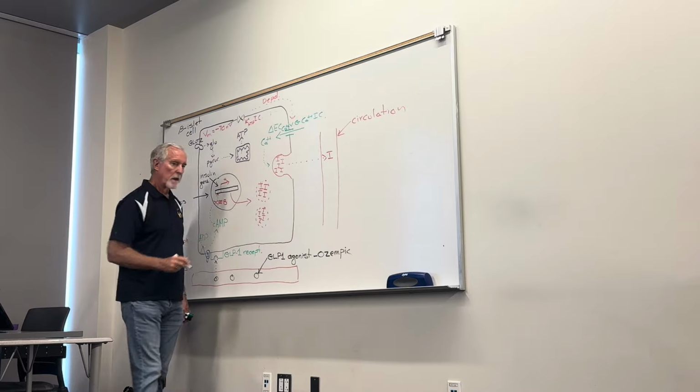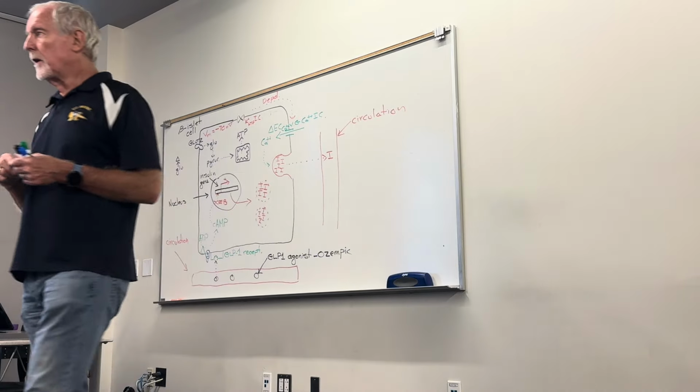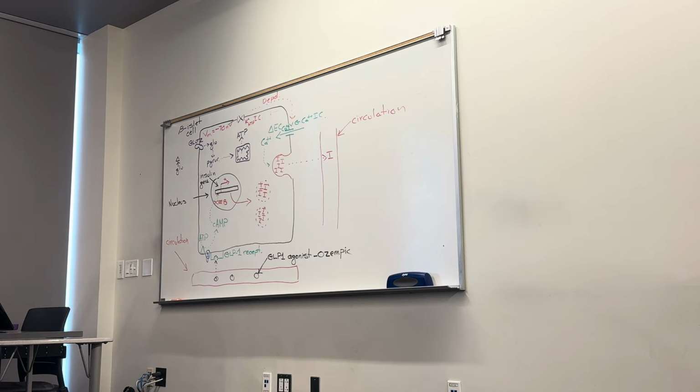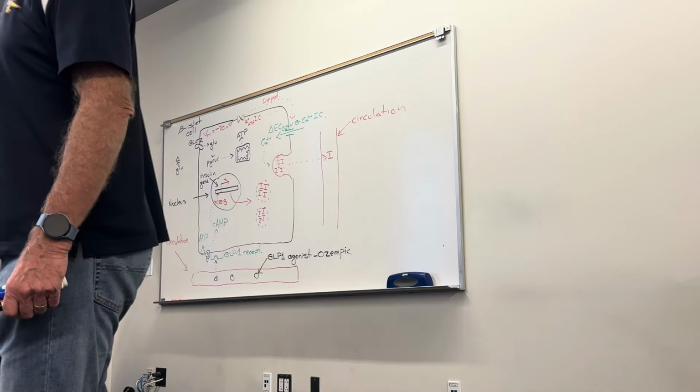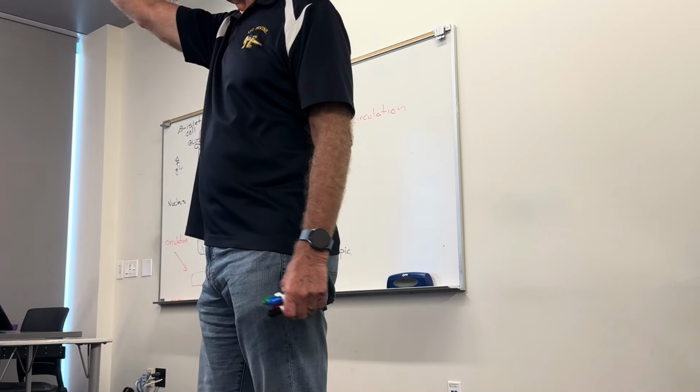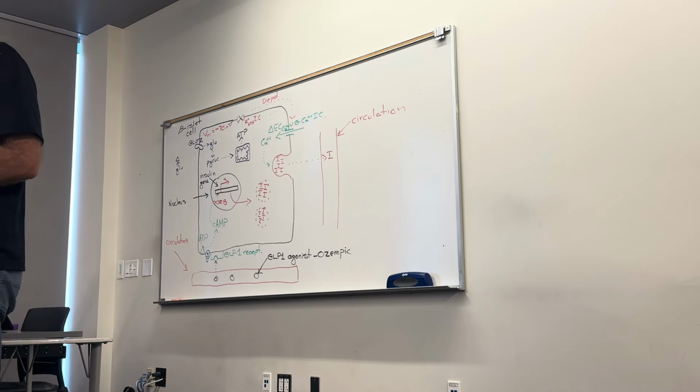And so if this beta islet cell now has more of these insulin vesicles, when it's stimulated, is it going to release a normal amount of insulin? Is it going to release less than normal amount of insulin or a greater amount of insulin? And the answer, I hope, is obvious to all of you, is it's going to release more insulin.